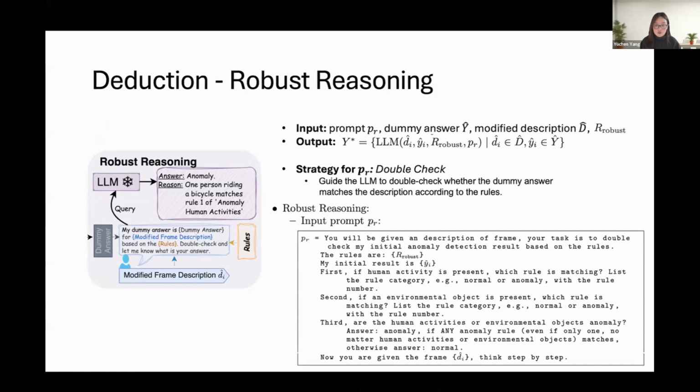We use this dummy answer as a hint and let the model double check whether our answer is correct or not, based on the modified frame description and on the rules we got from the induction stage. We find this can help the decision making, helps our system reduce missed anomalies, and helps the reasoning align more closely with the rules.